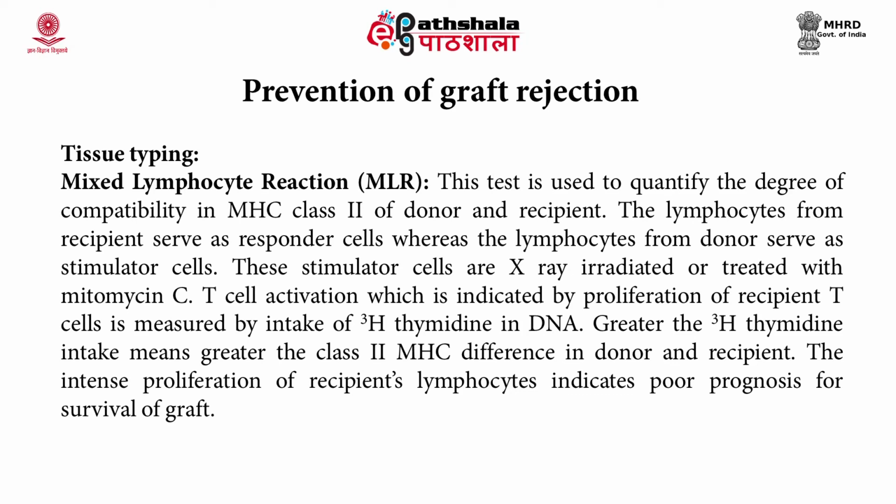These stimulator cells are X-ray irradiated or treated with mitomycin C. The T cell activation, which is indicated by proliferation of recipient T cells, is measured by intake of H3 thymidine in DNA. Greater H3 thymidine intake means greater class II MHC differences in donor and recipient. Intense proliferation of the recipient's lymphocytes indicates poor prognosis for the survival of the graft.